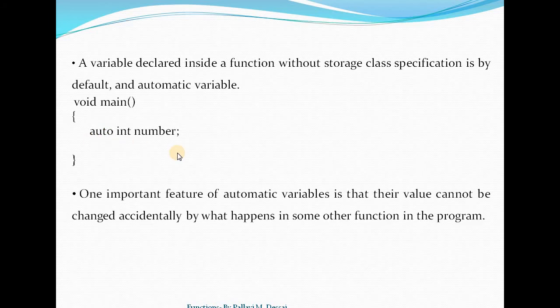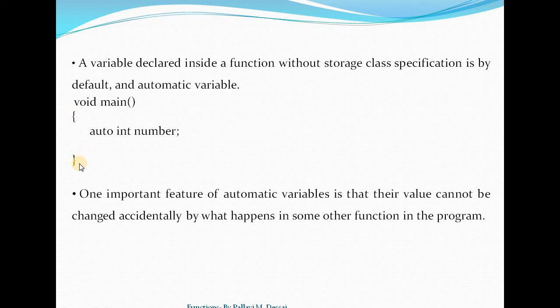One important feature of automatic variables is that their value cannot be changed accidentally by what happens in some other function in the program. This is because the scope of this variable, for example we take this, the scope of this number variable is from this curly bracket to this curly bracket.